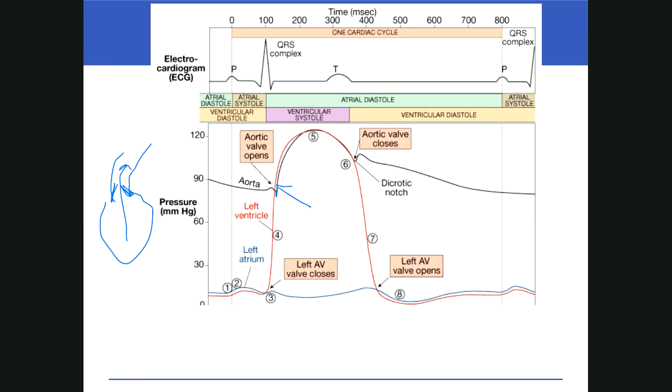So right there, that valve, the aortic valve, is going to open, right where the lines cross. So here, the left AV valve closes. Here, the aortic valve opens.